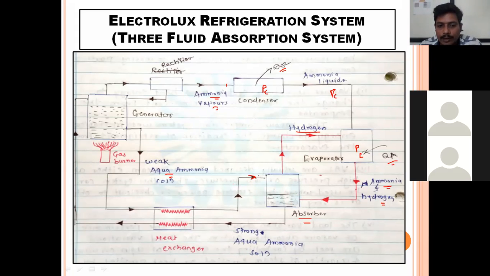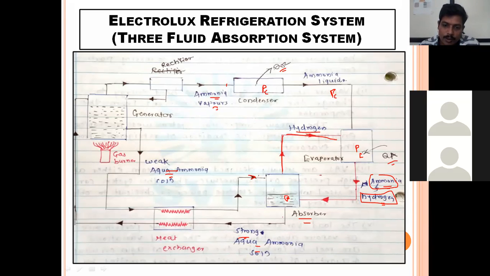When that weak aqua ammonia solution comes in contact with the ammonia and hydrogen vapor, the ammonia vapor will be absorbed by the weak aqua ammonia solution, and it will get converted into strong aqua ammonia solution. As hydrogen is insoluble in water, that hydrogen gas escapes from the absorber and is again supplied to the evaporator.